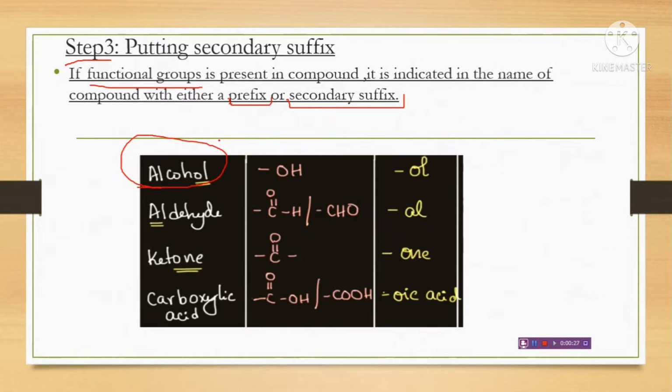For example, for alcohol, we put "ol" as our secondary suffix after the primary suffix like "ane" or "ene". If we get an aldehyde, we put "al". If we get a ketone, we put "one". And one of the most important functional groups, carboxylic acid, when we get that, we put "oic acid".